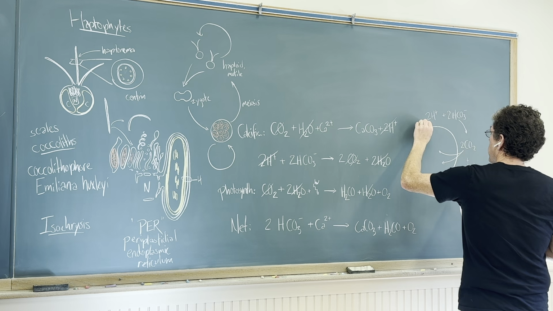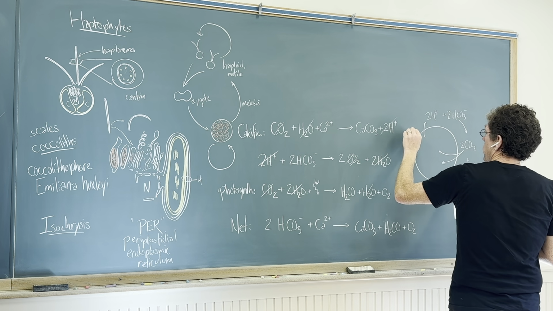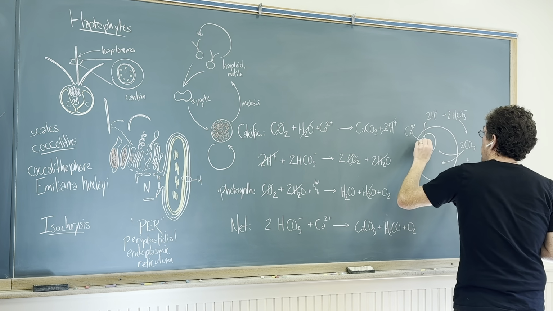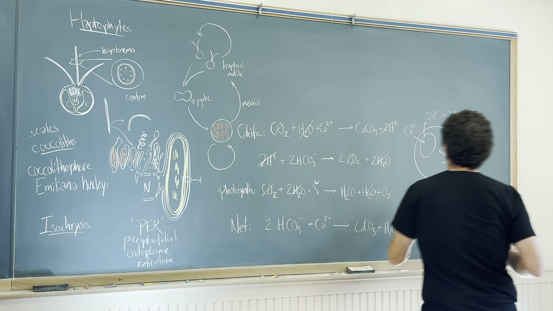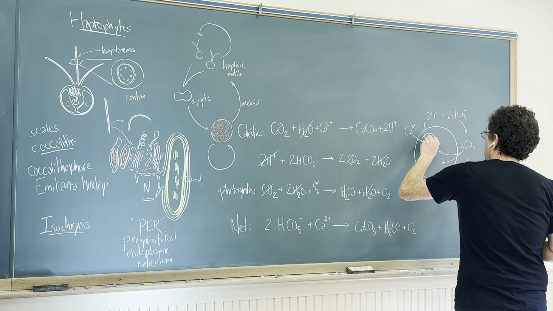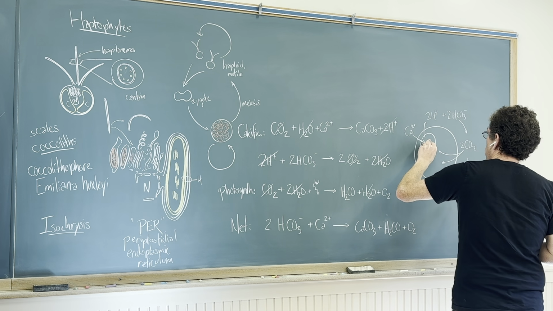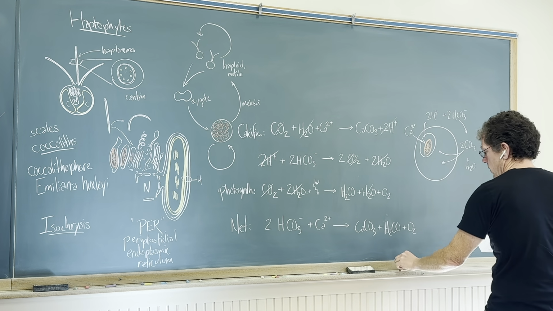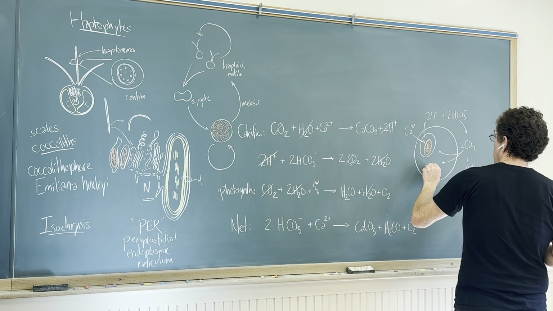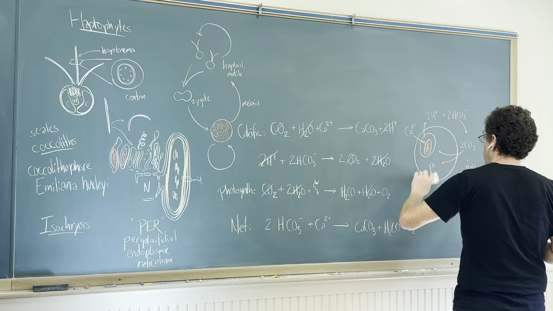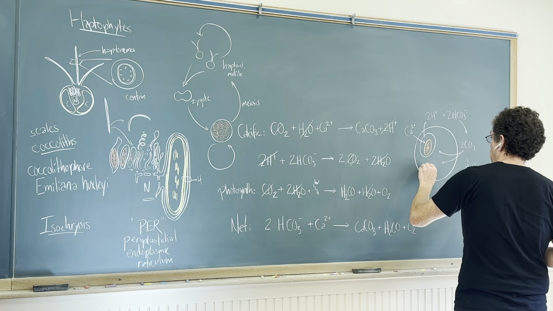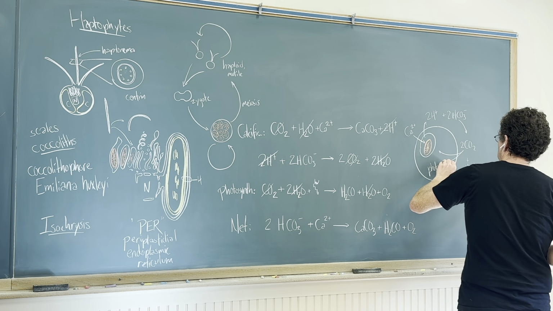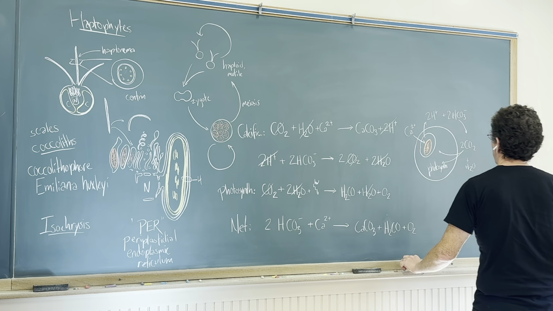And the point here is that the coupling of calcification inside the secretory pathway as these cells make coccoliths may be part of this mechanism for concentrating carbon dioxide within cells for the sake of photosynthesis.